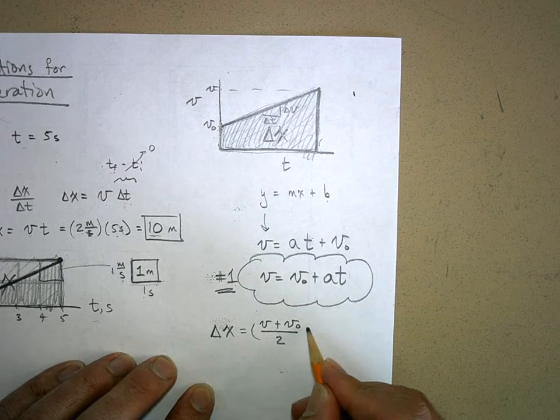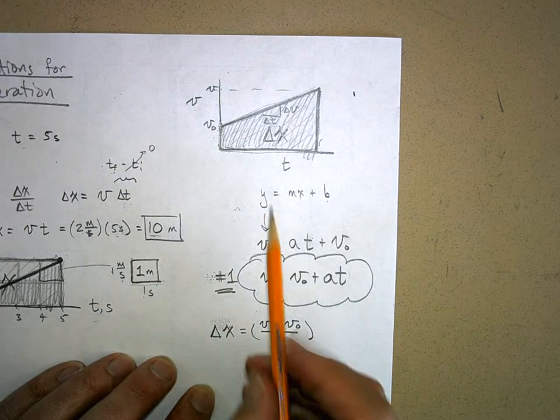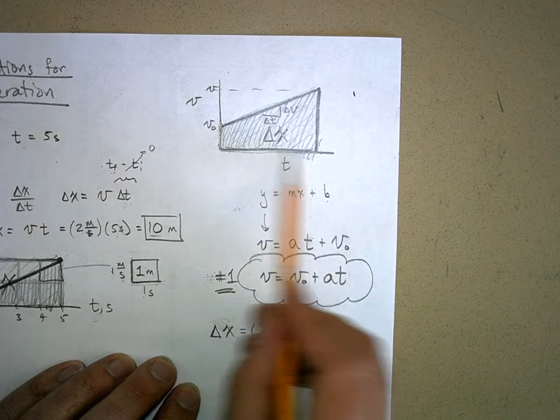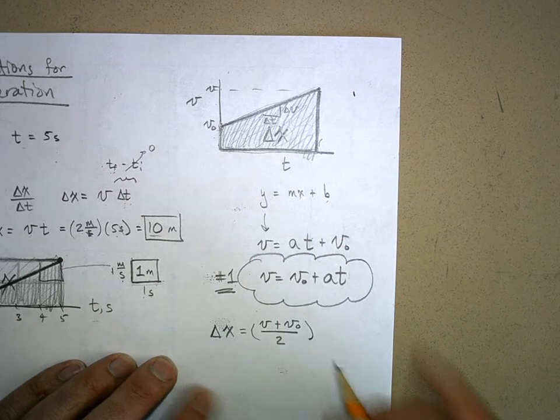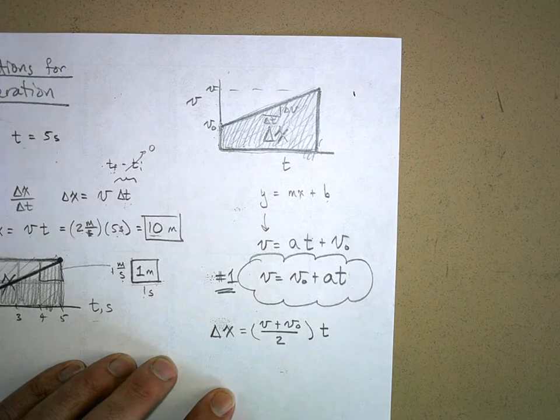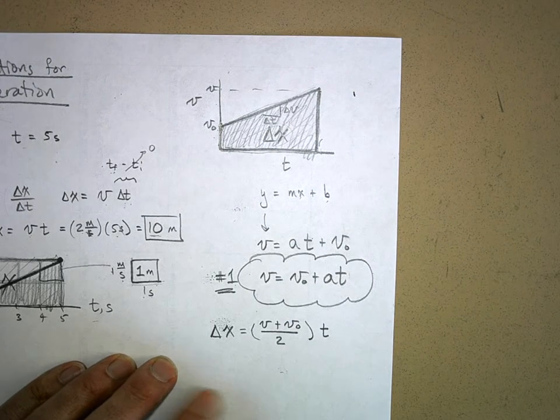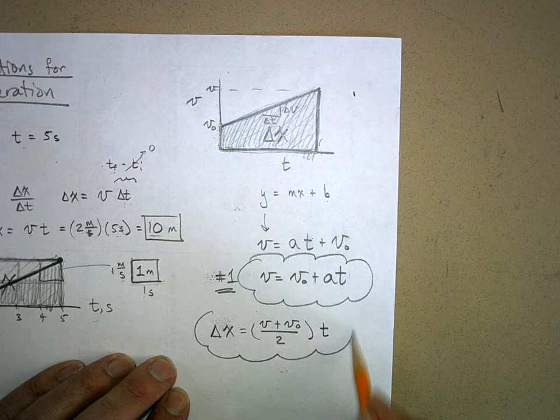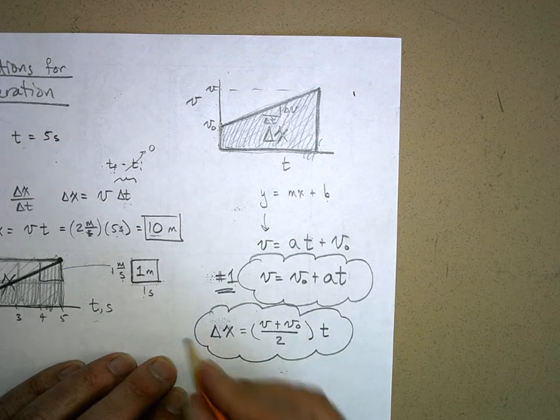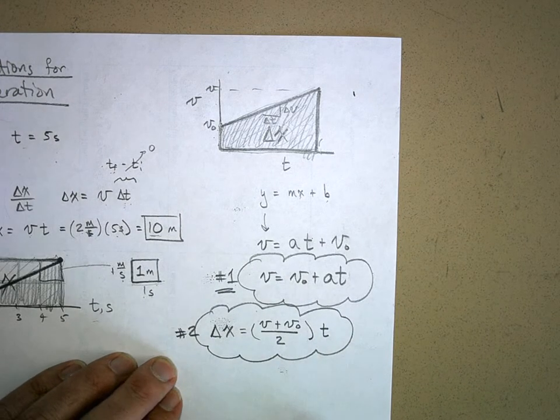And then I multiply by what I called the height when I tipped it sideways. Well, what is the height here? It's time. And this is my second kinematic equation. That's what I call number 2.